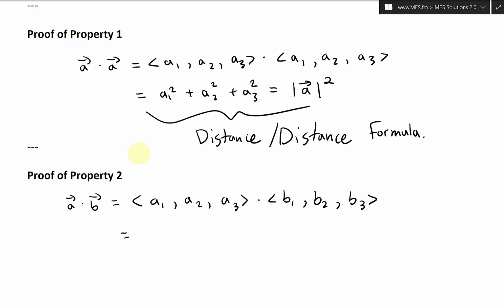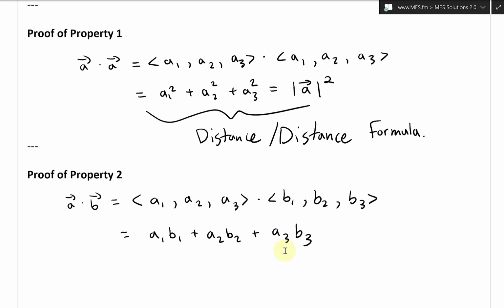This equals, using the definition of the dot product, A1 times B1, the next one is A2 times B2, and then plus A3 B3, and then we could switch these around. You can move this back and forth, just using regular multiplication.